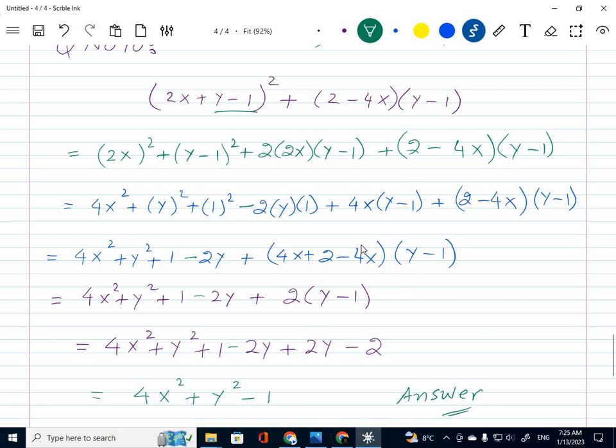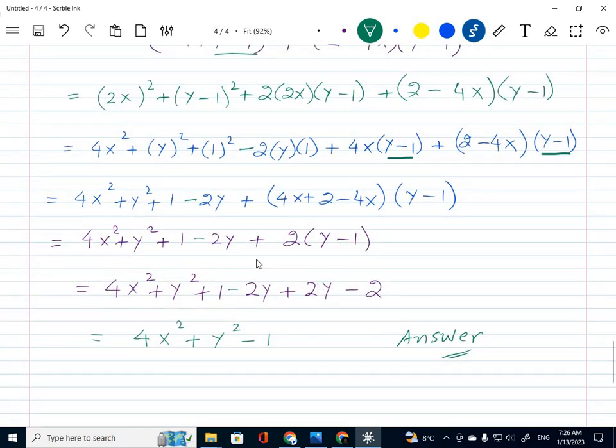Next, further simplifying, 4x^2 + y^2 + 1 - 2y, and I have taken (y - 1) as a common factor from these two terms. After taking this as a common factor, 4x - 4x cancels out, and the rest is in front of you.